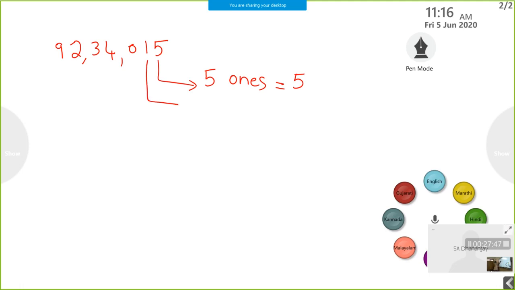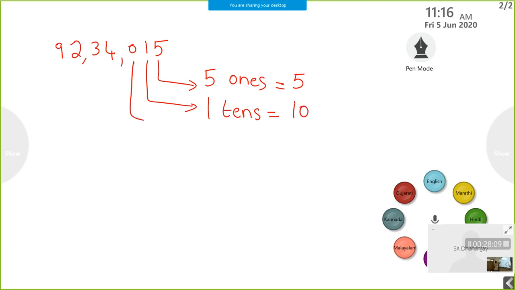Now the next digit, 1, belongs to the 10's place. The place is 10's, but the value is 1 ten, which is 1 into 10, equal to 10.